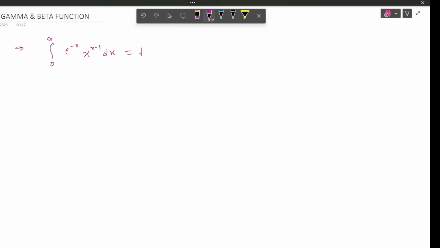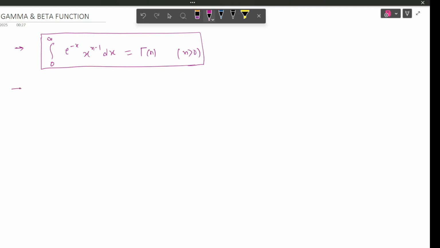Okay, so this is the sign of gamma. So gamma of n. This is the gamma function, where remember n is greater than 0. This is the formation of gamma function.